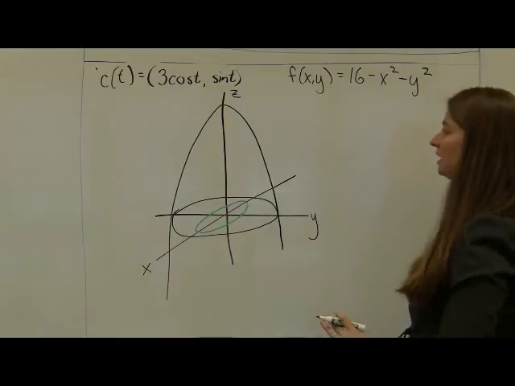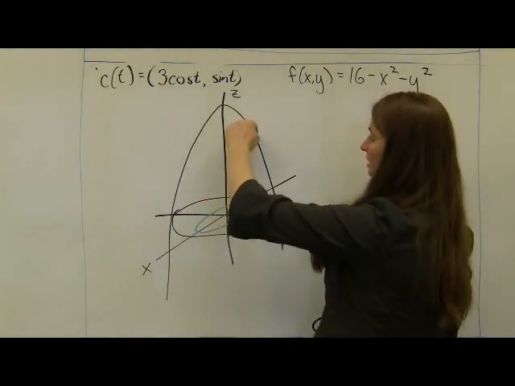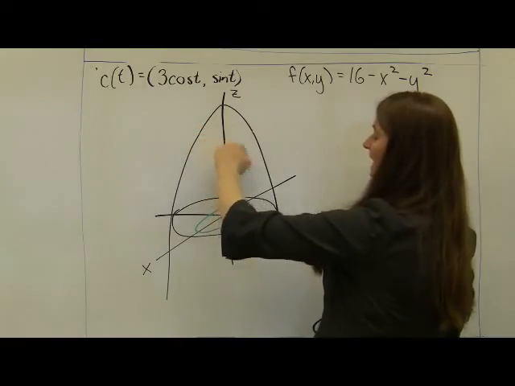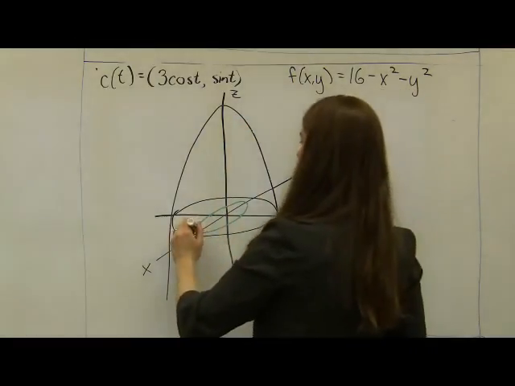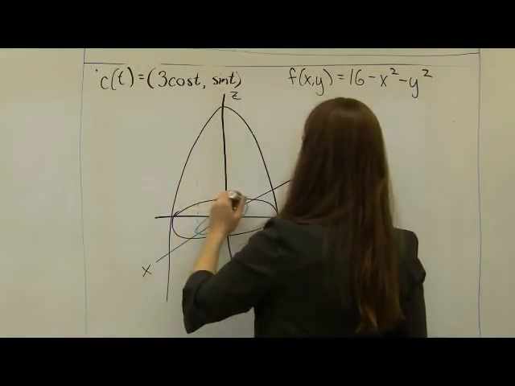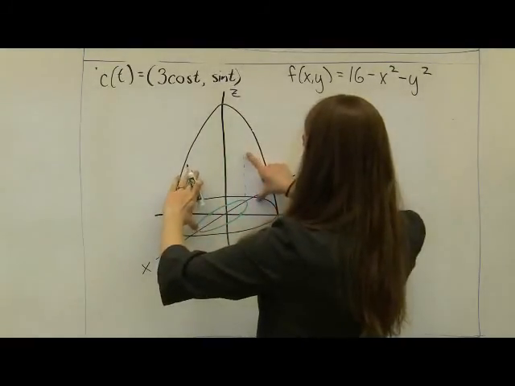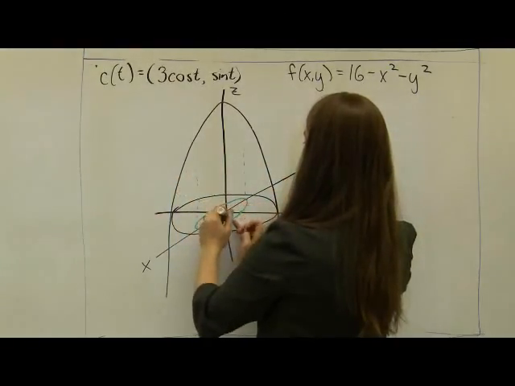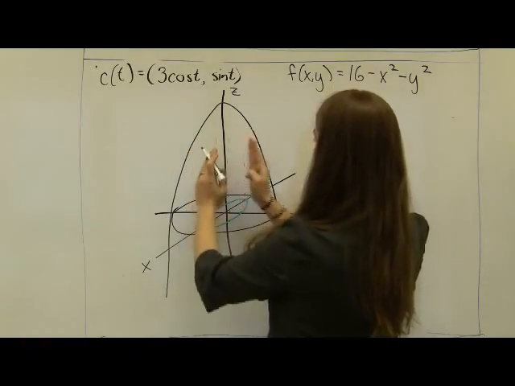But obviously, my probe actually isn't traveling down here in the middle of the mountain. It's traveling up on the surface of the mountain. And as it travels this elliptical path, it's going to be traveling up and down along the surface of the mountain. I know that the wide parts are going to be lower down on the mountain, and the narrow parts are going to be higher up on the mountain because the narrow parts have higher z values.